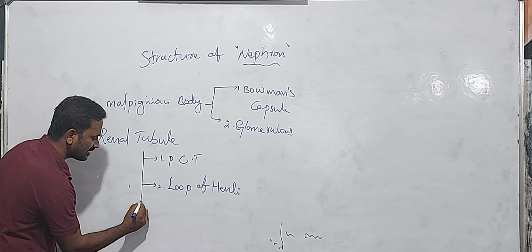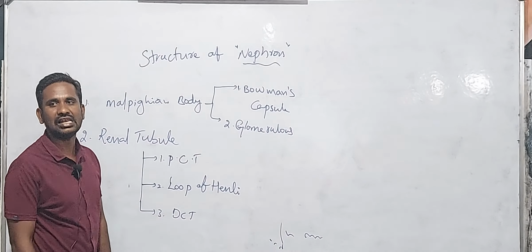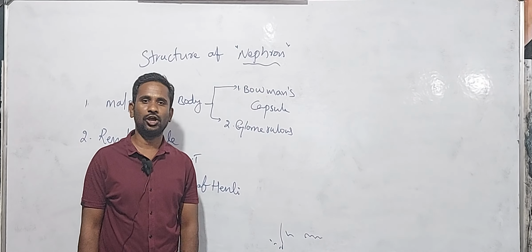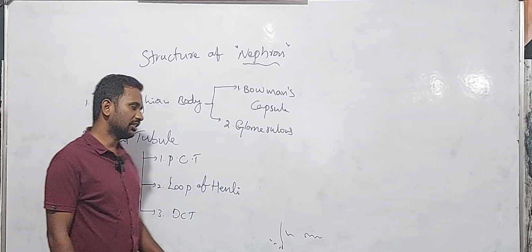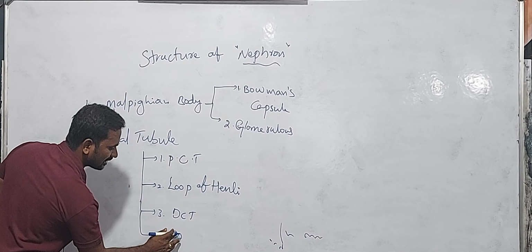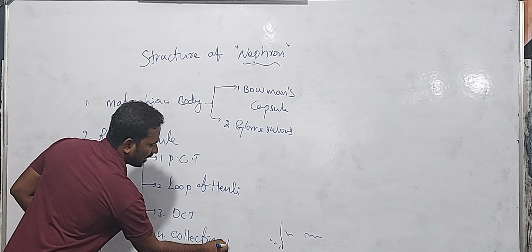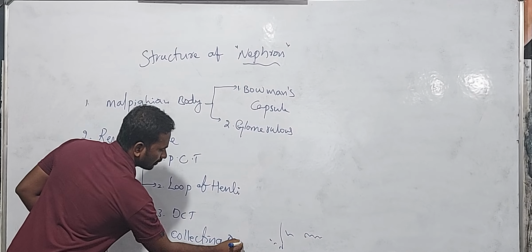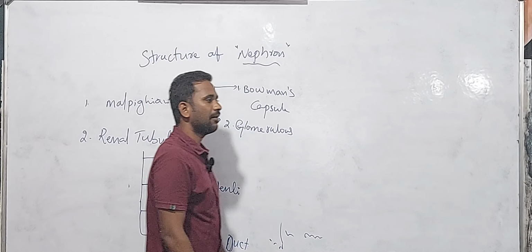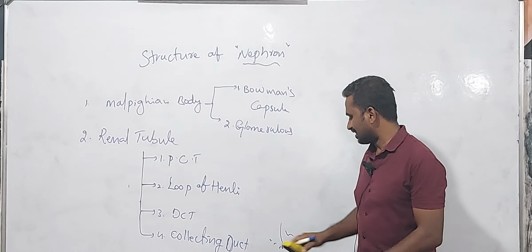Third one is the DCT, distal convoluted tubule, a very important one. Along with this, we can observe the collecting duct. So these are the regions present in the nephron.